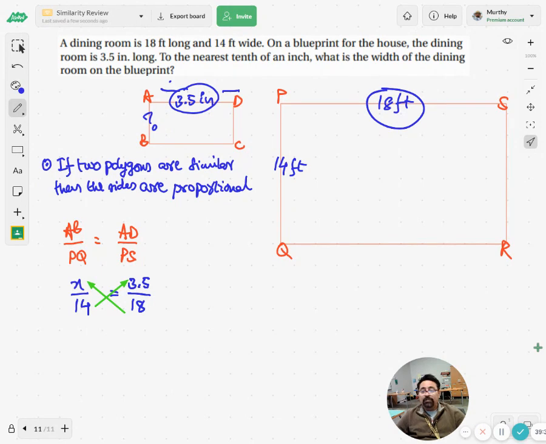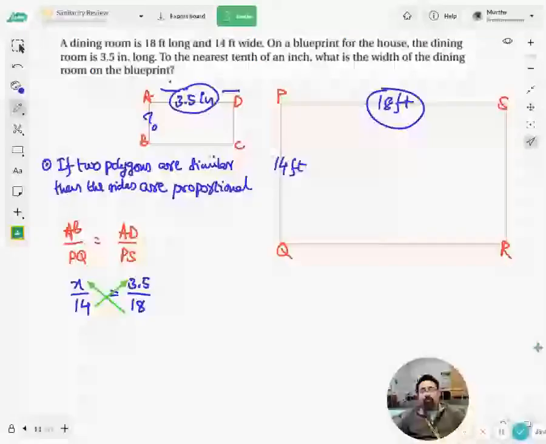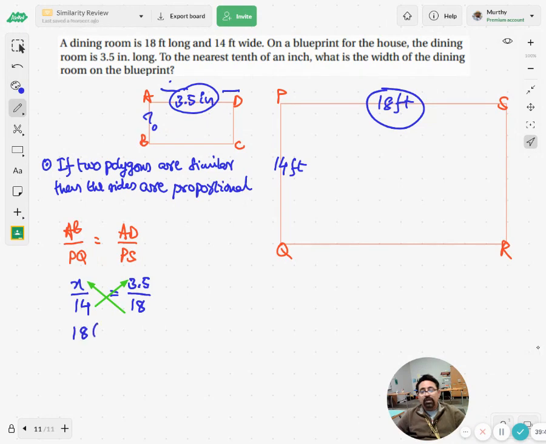Well, I'll explain now how to get the value of x. 18 times x equals 14 times 3.5. So grab the calculator, I'm taking my TI-84. So it is 14 times 3.5.